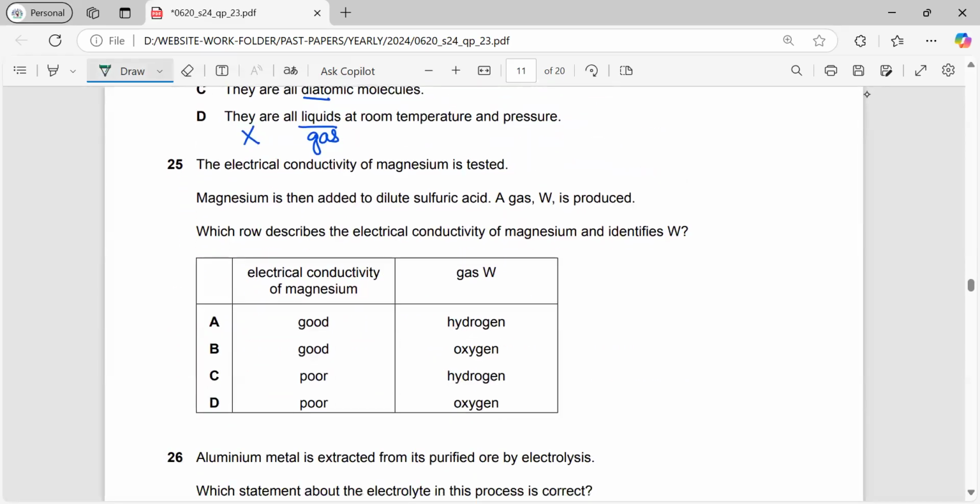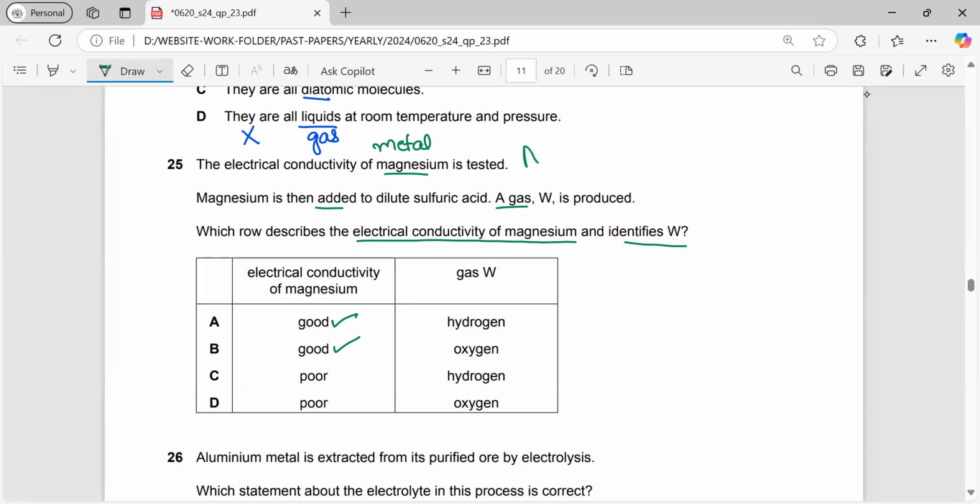Question number 25. Electrical conductivity of magnesium is tested. Magnesium is then added to dilute sulfuric acid. A gas W is produced. Which row describes the electrical conductivity of magnesium and identifies W? Magnesium is a metal, so its electrical conductivity would be good because all metals have delocalized electrons, which makes them good conductors.